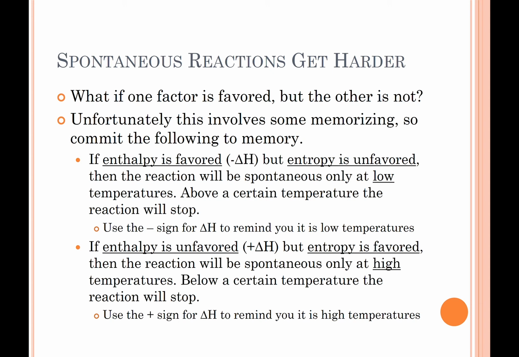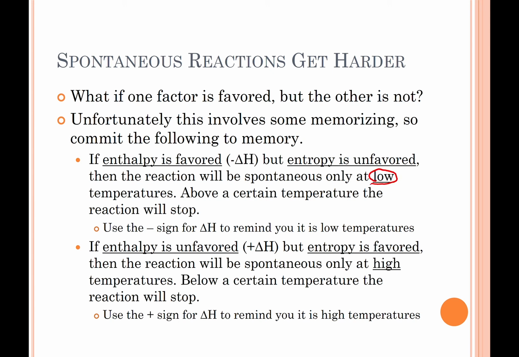Now, what if one is favored and the other is not? Well, it's going to take a little bit of memorizing, so do your best to commit the following to memory. If the enthalpy is favored, so a negative delta H, exothermic reaction, but entropy is unfavored, then the reaction is going to be spontaneous only at low temperatures.